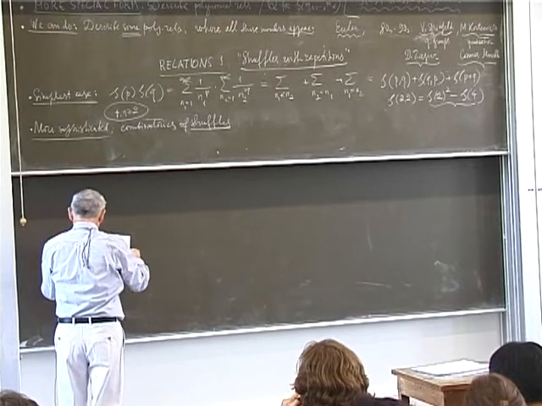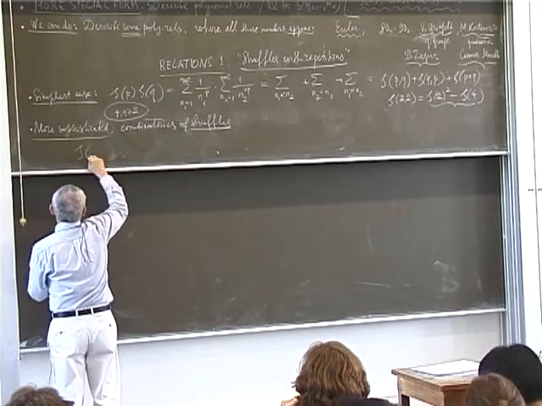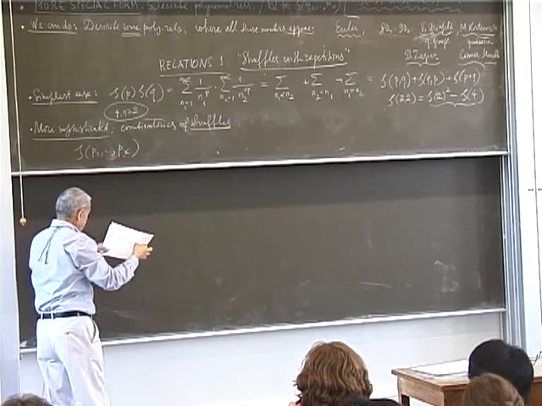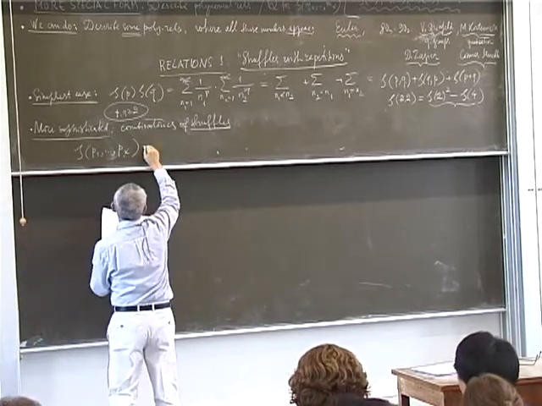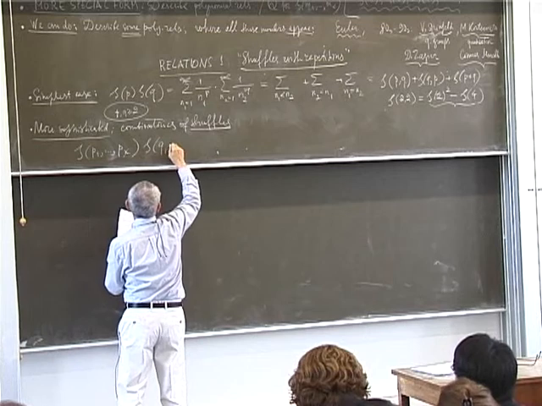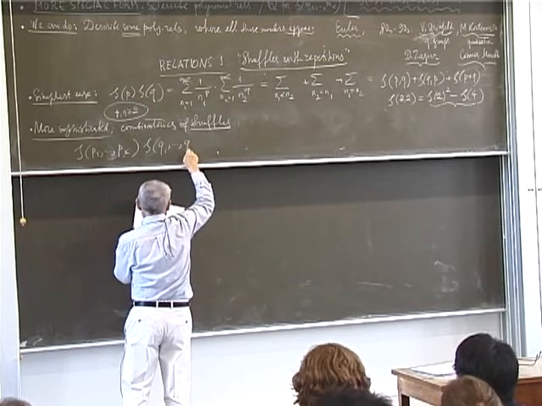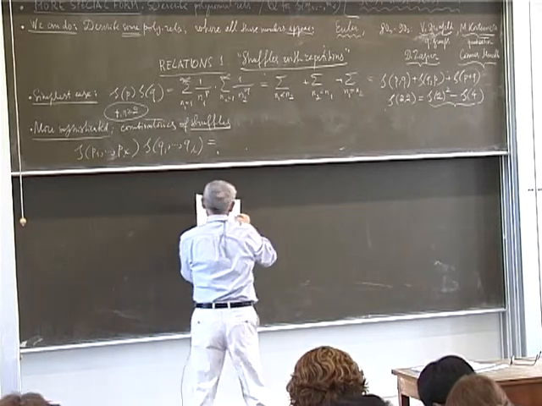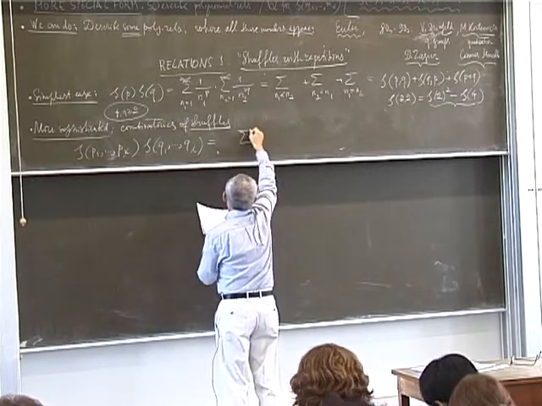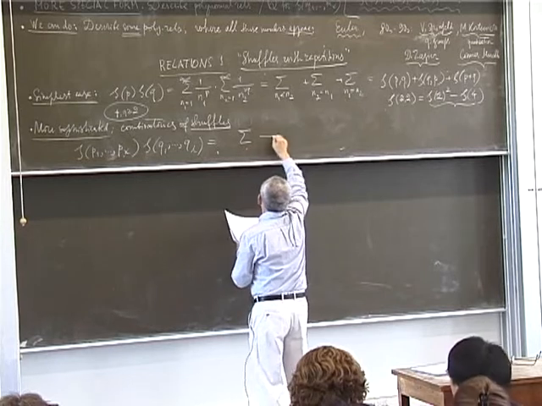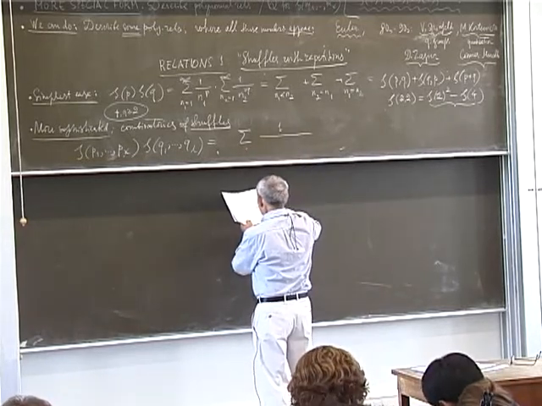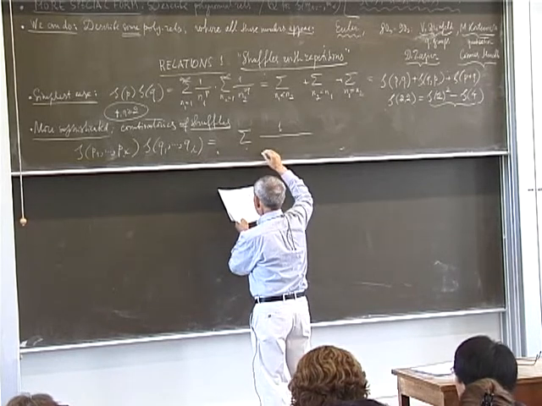So you try to multiply one multiple zeta value by another multiple zeta value, and you get something like that.